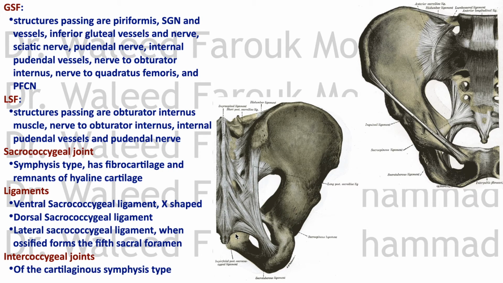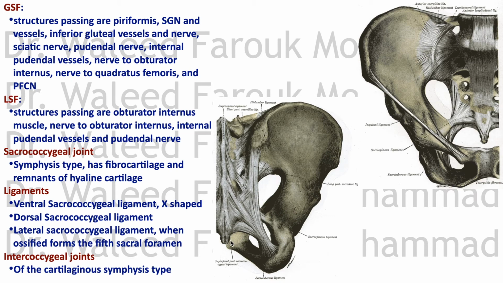It's a ligamentous band here, joining the lateral border of the coccyx to the sacrotuberous and sacrospinous ligaments. And when this ossifies, in X-rays of old people, you'll find 5 sacral foramina instead of 4 on each side.